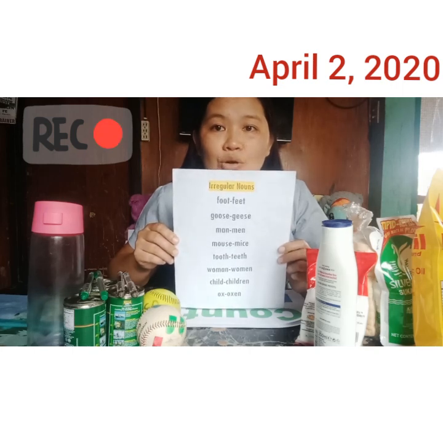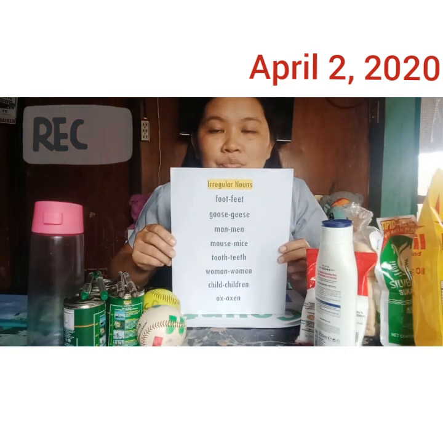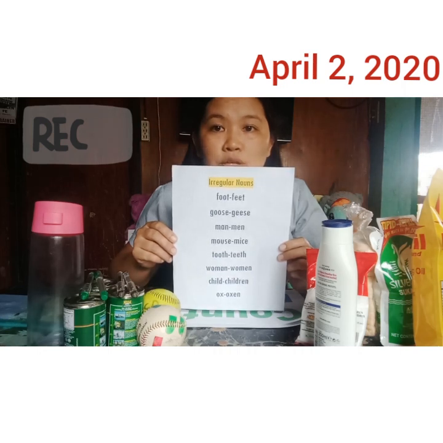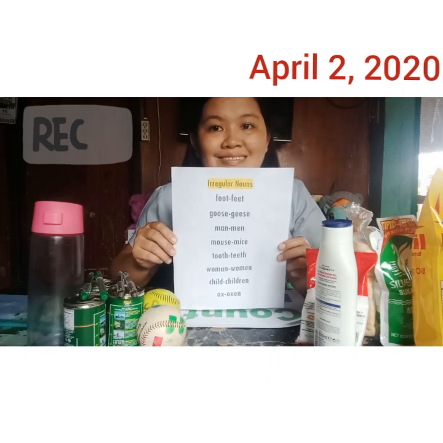There are also irregular nouns which have additional endings, such as child, if only one. If two or more, what do you call them? Children. So the plural is children.